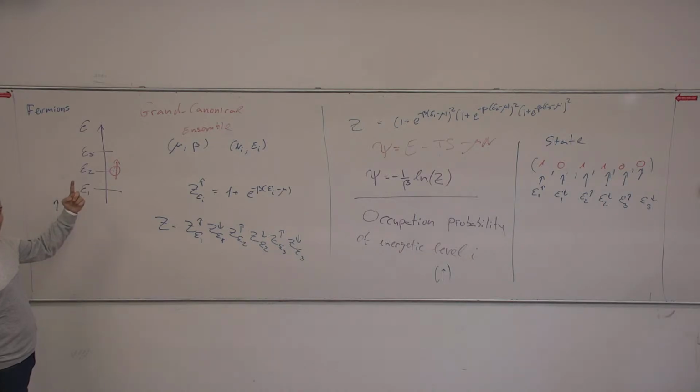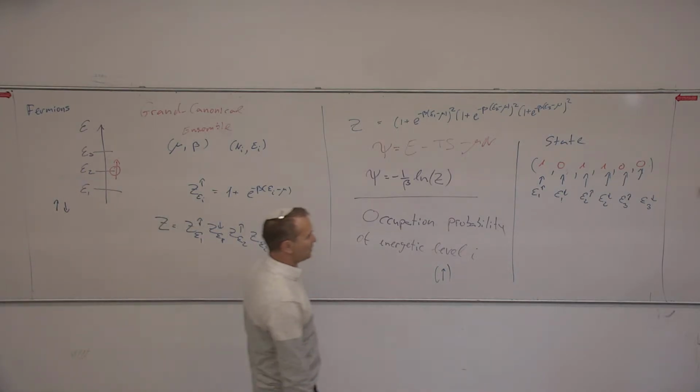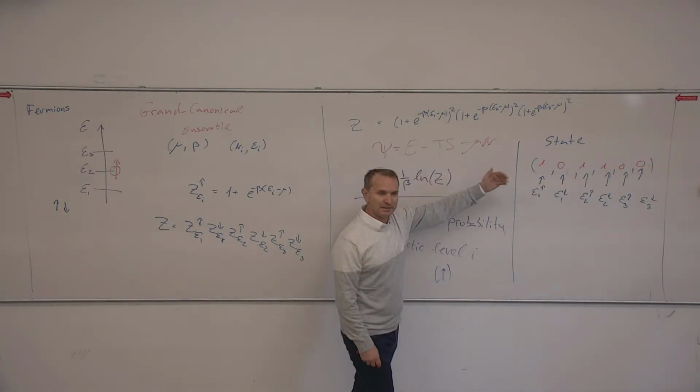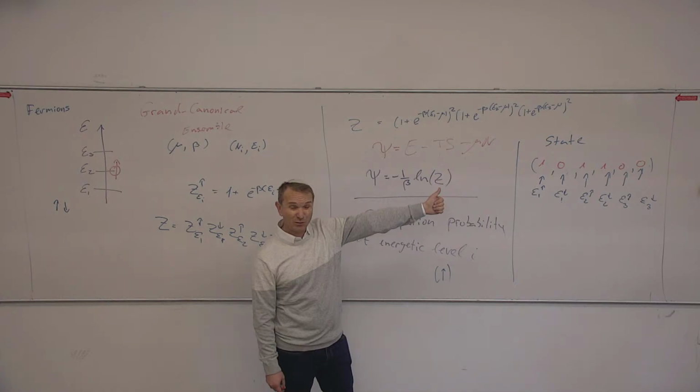There is no particle at epsilon 1 with spin down. There is one particle at epsilon 2 with spin up. There is one particle at epsilon 2 with spin down. There are no particles at all at level epsilon 3, disregarding the spin. So this is a specific state of the system.